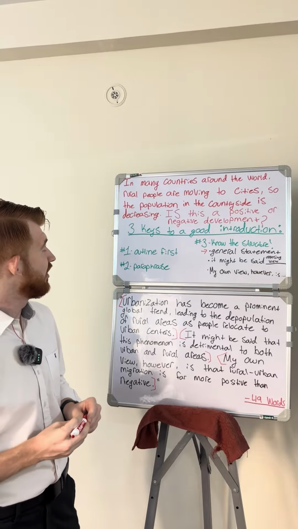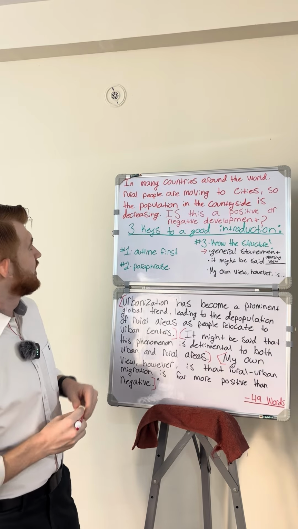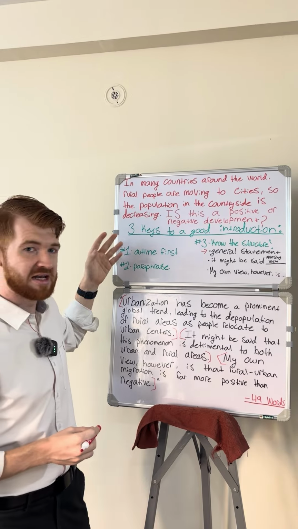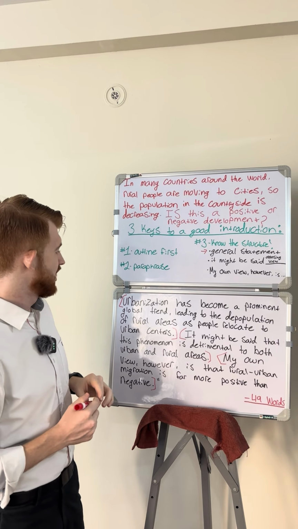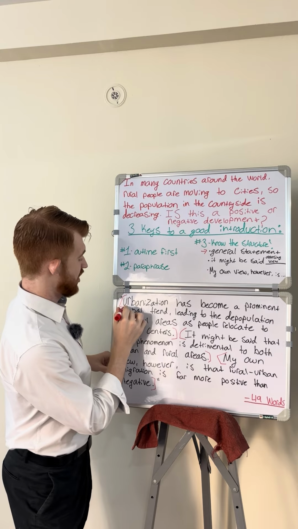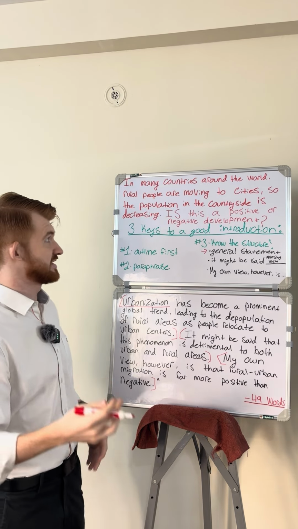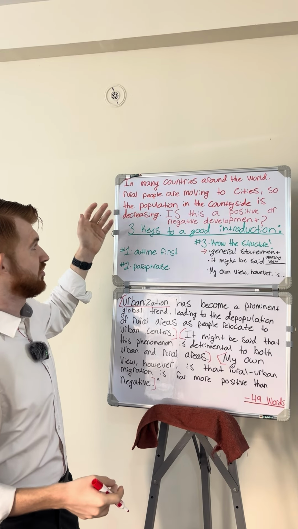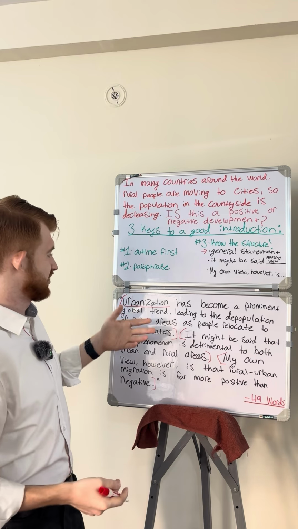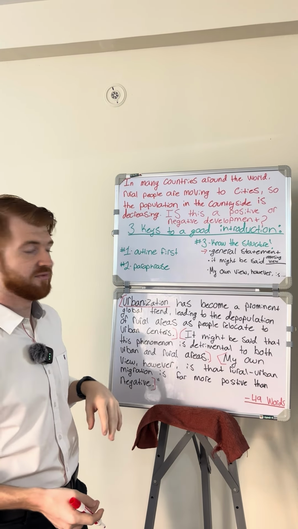First of all, I have paraphrased this quite well. I did not use many words that were provided in the question. Some good vocabulary that I have used is urbanization. This is a good word that discusses people moving from rural areas to cities. This is a good vocabulary word that paraphrases their idea.